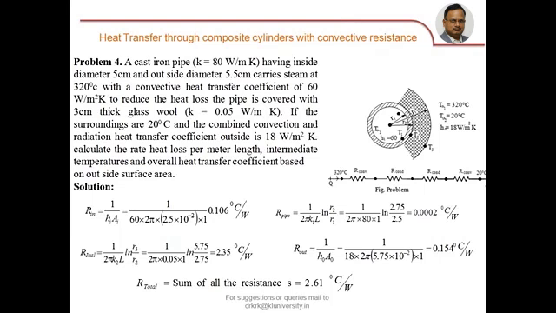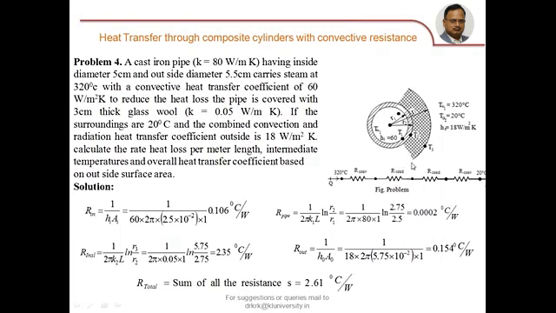Let us take a problem. A cast iron pipe, thermal conductivity is given, inside diameter 5 centimeters, outside diameter 5.5, carrying steam at 320 with a convective heat transfer coefficient of 60 watts per meter square Kelvin.